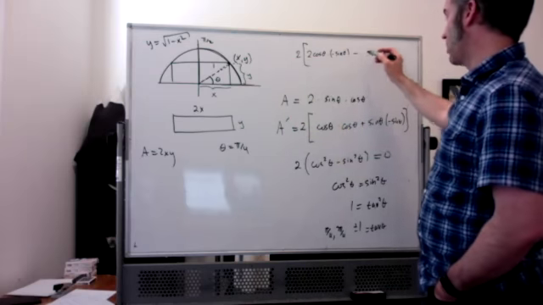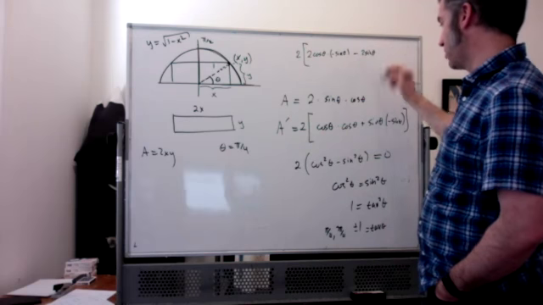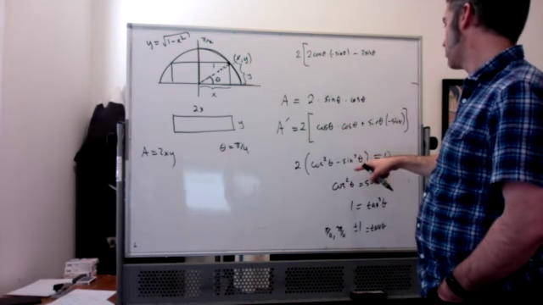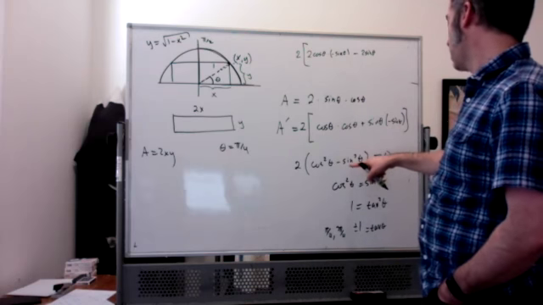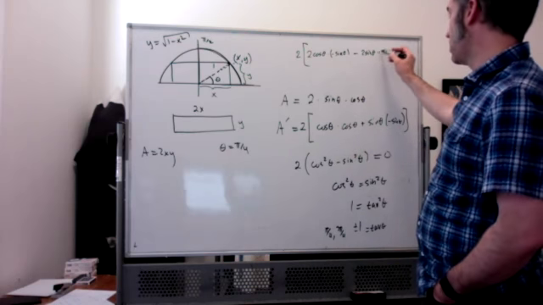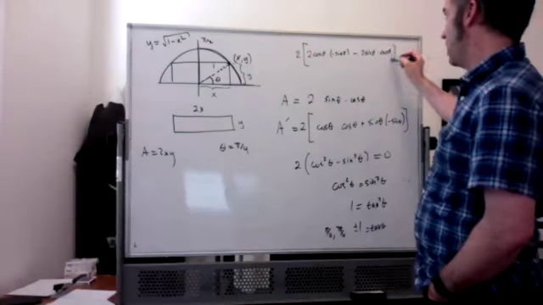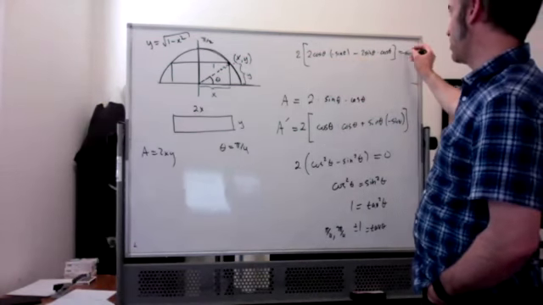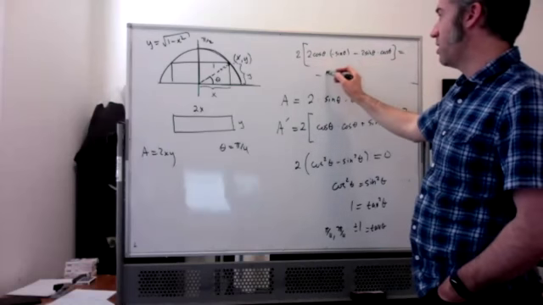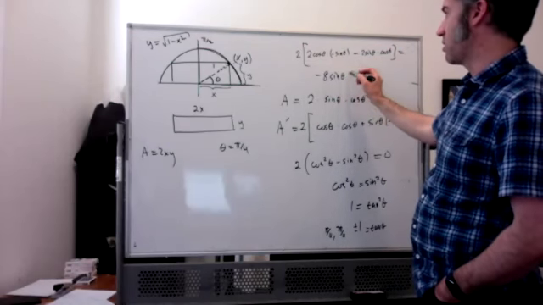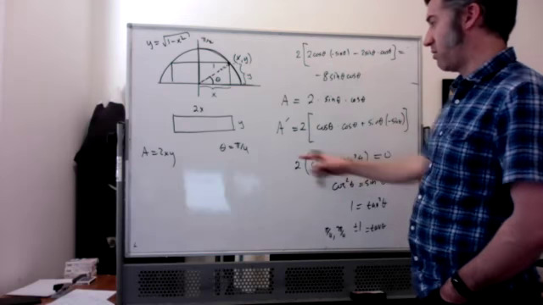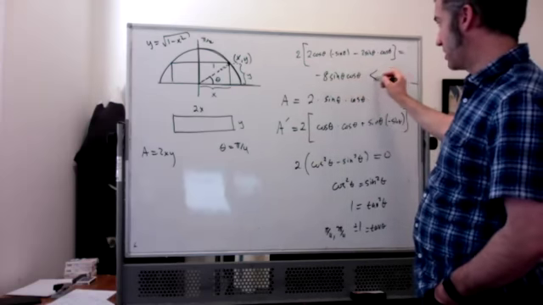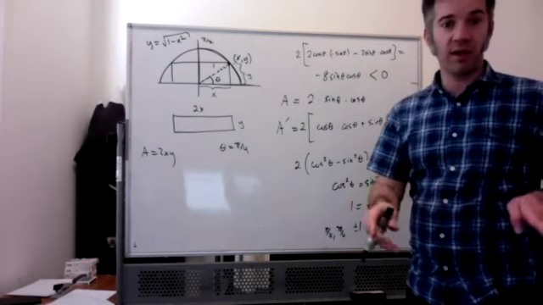Minus the derivative of sine squared, which is 2 sine theta times the derivative of sine theta, which is cosine theta. So this is negative 2 sine theta cosine theta minus 2 sine theta cosine theta, which is negative 4 sine theta cosine theta. If you plug in pi over 4, that's positive, that's negative, so the whole thing is negative. It's concave down.